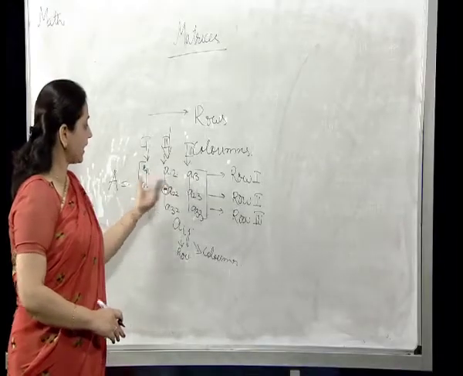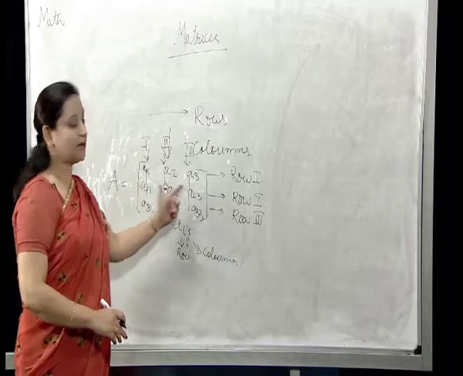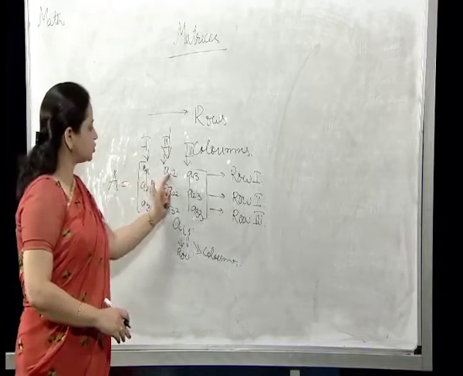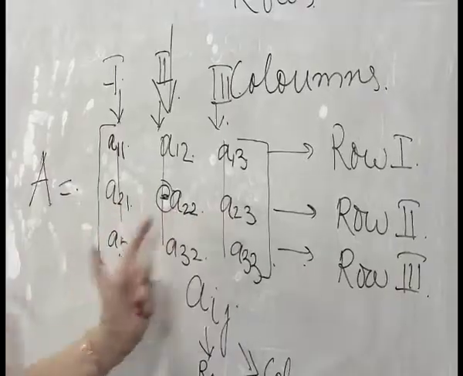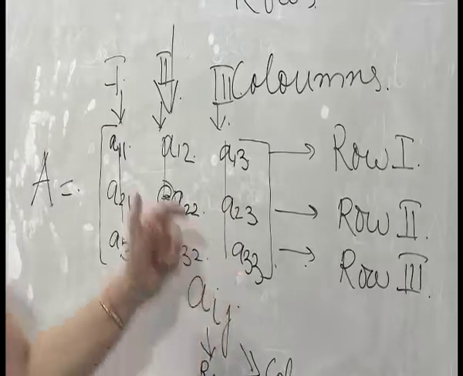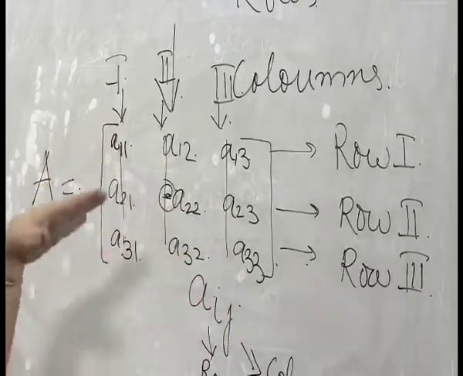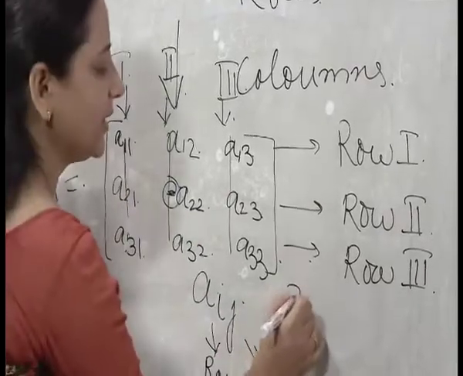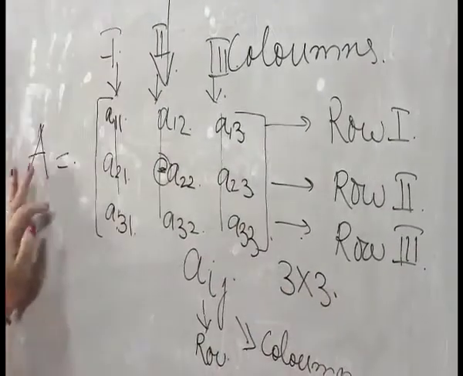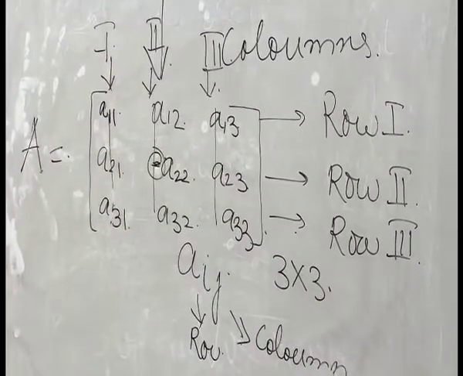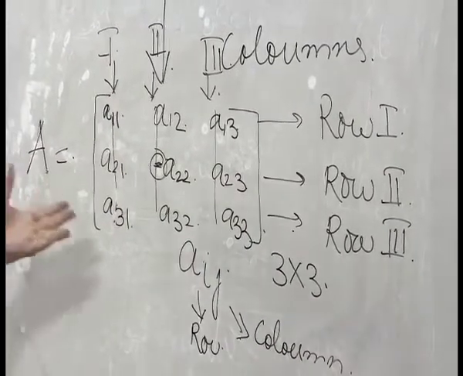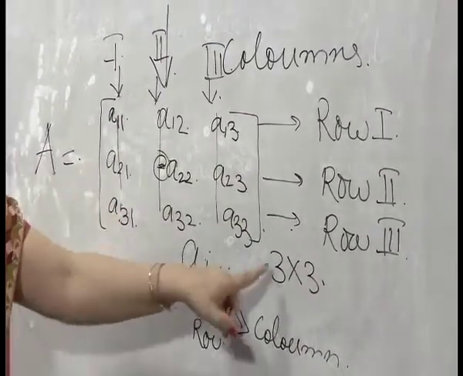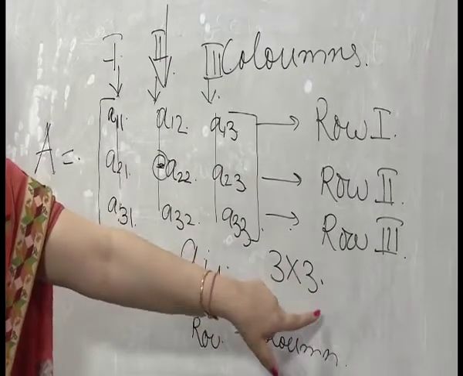We can check how many elements there are: 1, 2, 3, 4, 5, 6, 7, 8, 9. That means 3 rows and 3 columns, so 3 multiplied by 3 gives you 9. Now we can define the order of the matrix. Order is defined by row into column.